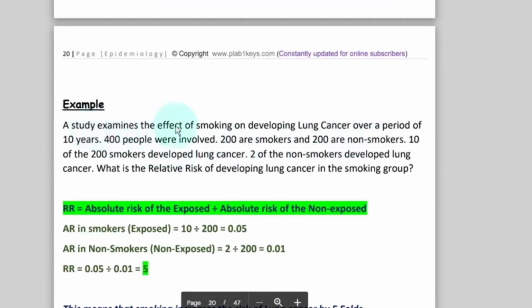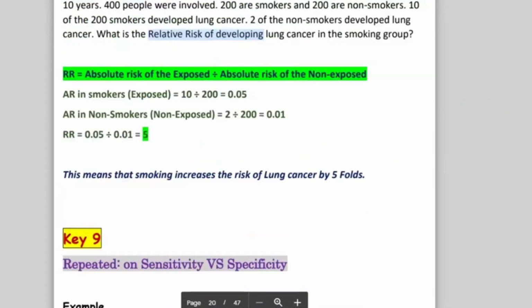Learn by the example. A study examines the effect of smoking on developing lung cancer over a period of 10 years. 400 people were involved. 200 are smokers, 200 are non-smokers. 10 of the 200 smokers developed lung cancer. 2 of the non-smokers developed lung cancer. What is the relative risk?